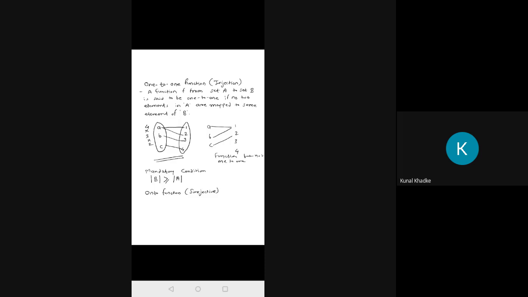The next definition is surjective or onto function. What are they saying? Write down this fast.